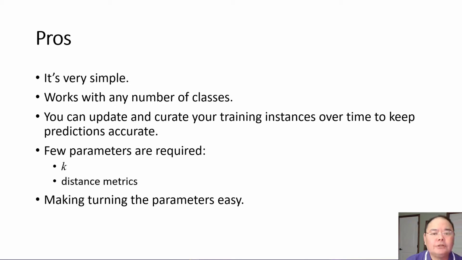There are only two parameters you need to tune. First is the k, of course. This defines your neighborhood. And the second parameter is called the distance metric. The distance metric is how you calculate the distance from the new point to the other points inside your training set.